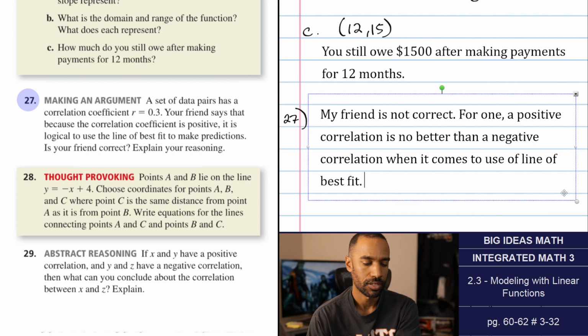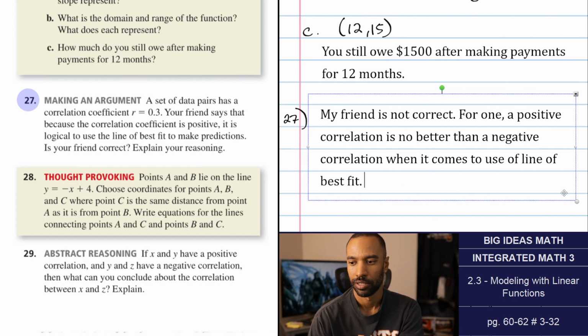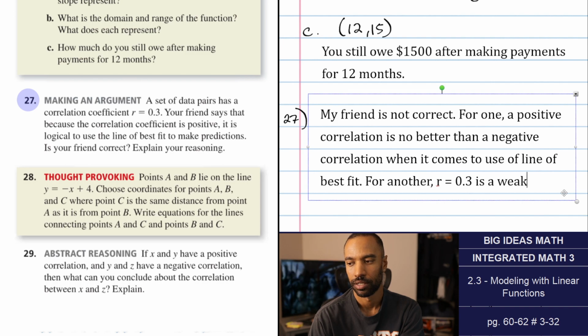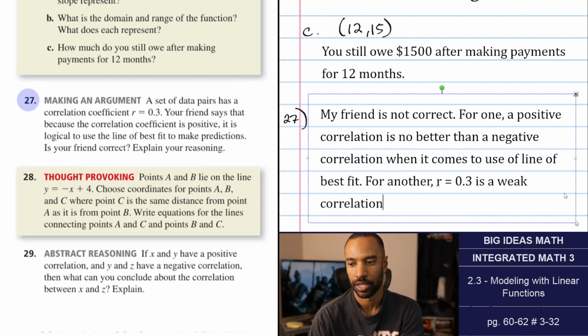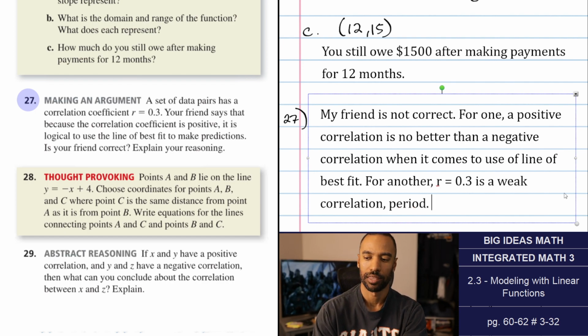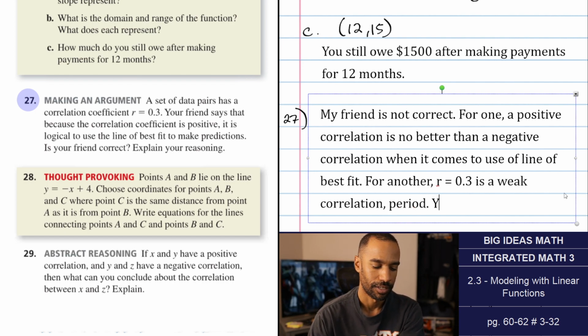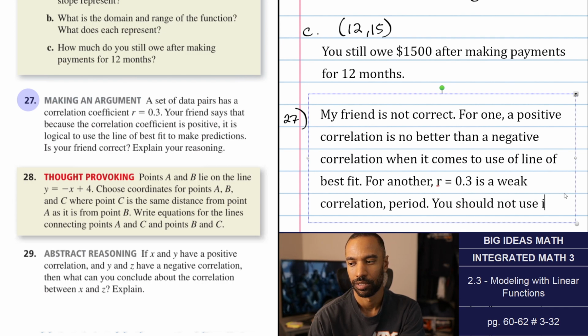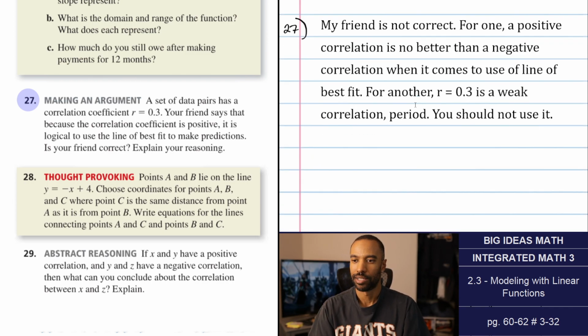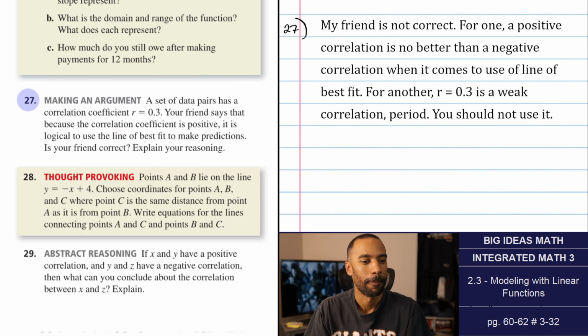And for another, R equals 0.3 is a weak correlation. It's very weak. Period. You should not use it. All right, number 27.